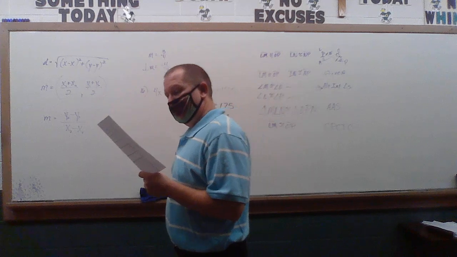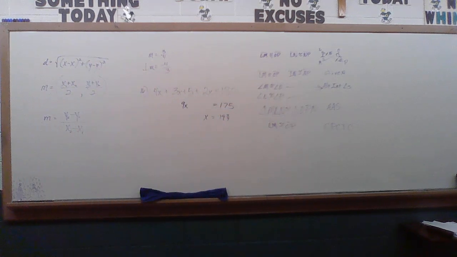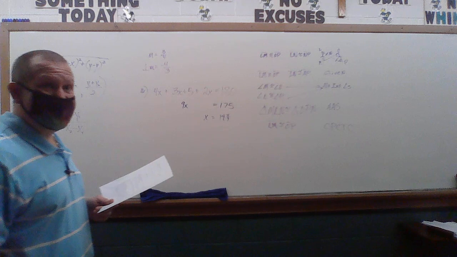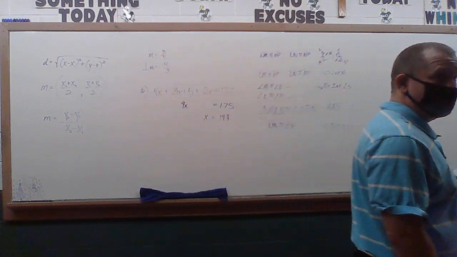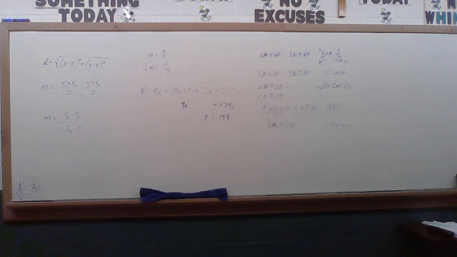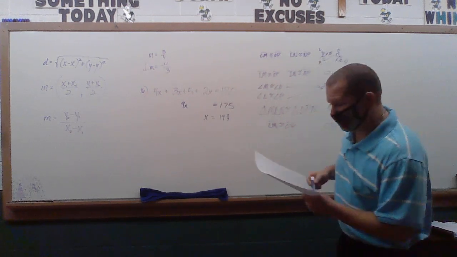What about an altitude? Does it start at a vertex? Yes. An altitude has to start at the vertex, and then it does what? Goes to the opposite side, making a 90-degree angle. That's it. It does not split it in half.